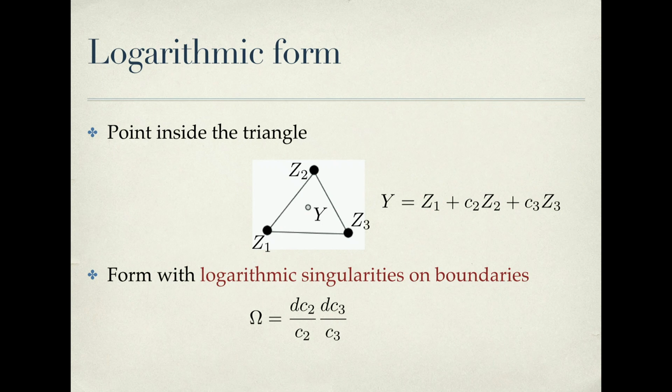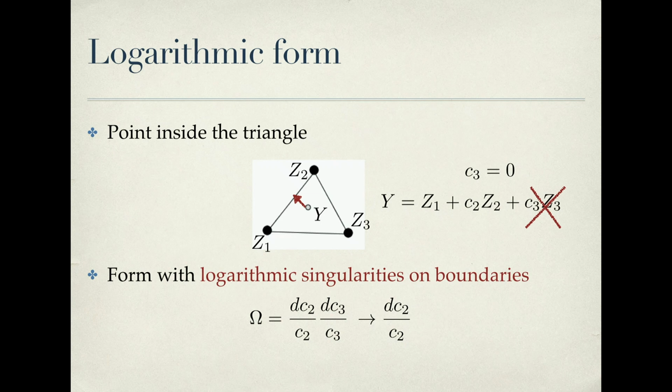OK, and now I want to associate a logarithmic form with that picture. So it's a form with logarithmic singularities on boundaries. Whenever I go on the boundary, it blows up like dx over x. And the form here is just this form. So now I really fix C1 to 1. I get this expansion, and the form is just that. You can see that if I go to the boundary C3 is 0, the line 1, 2, there is dC3 over C3.